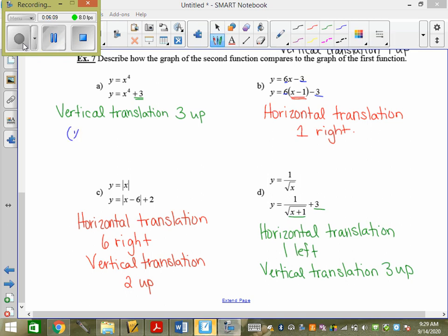Okay, for this one, you're going to get x, y becomes, words and mapping are the same, so x stays the same because nothing happened to it. And we want to move my y 3 up, so I add 3. This one is going to be x, y becomes, horizontal translation 1 right. I want to move my x 1 right, so I want to add 1 to it. My y stays the same.